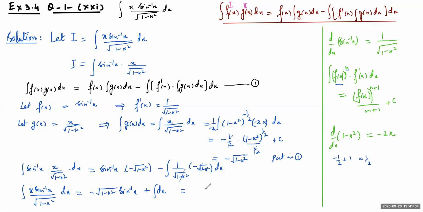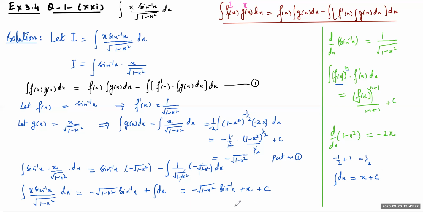You are going to get minus into square root of 1 minus x square into sine inverse x plus x plus c. Integral of dx is equal to, you may write it here, otherwise it is a very simple and basic result. It is equal to x plus c. So I wrote it in here.